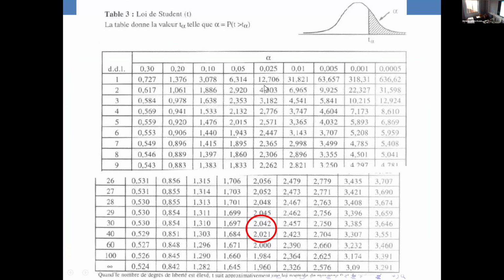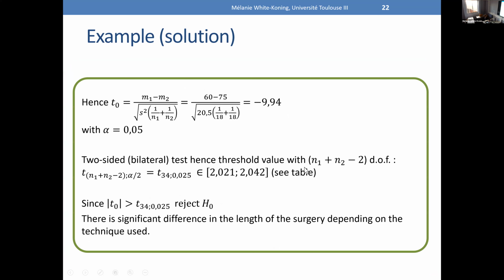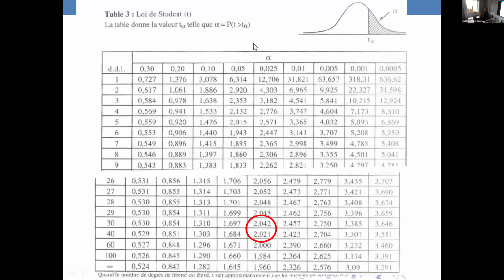For a student distribution, the number of degrees of freedom here is N1 plus N2 minus 2. So 18 plus 18, 36, minus 2 is 34. And then be careful with these tables. You can find different tables if you look on internet or if you have books on statistics. Some tables are like this: you need to look at the drawing with unilateral.